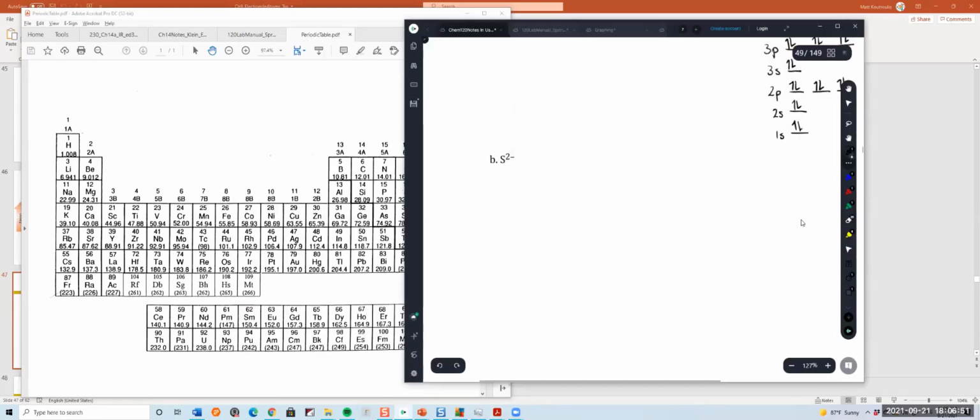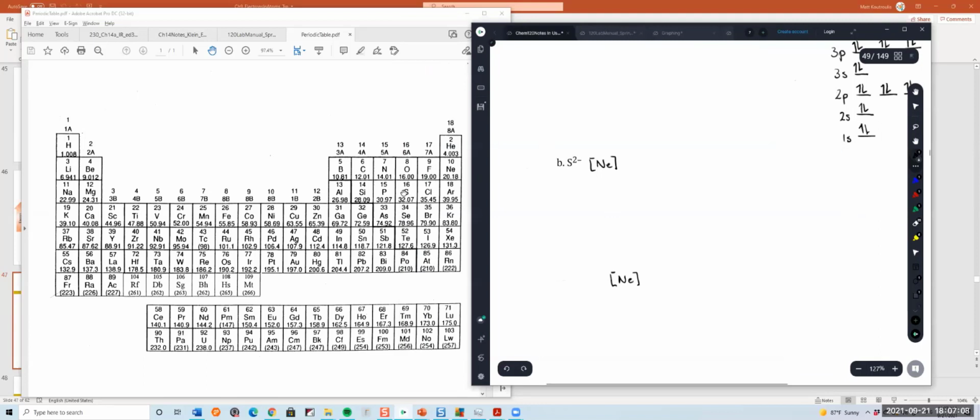I'll put neon at the bottom. And then sulfur would be what? Sulfur would be 3s2, 3p4.